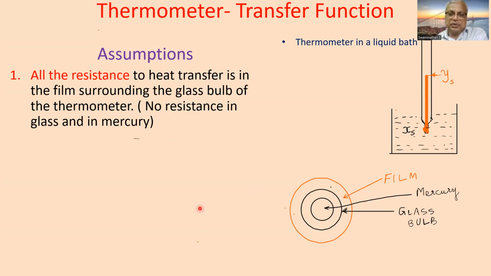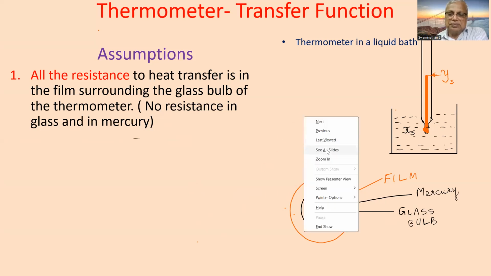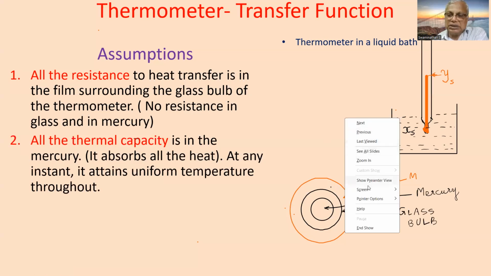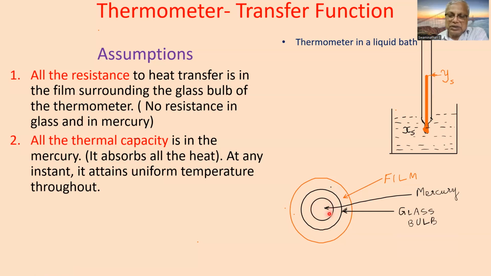Second, heat transfer has resistance as well as capacitance. Where is this capacitance? The thermal capacity is in the mercury. All the capacitance for heat transfer is in the mercury. It absorbs all the heat because it has all the thermal capacity.